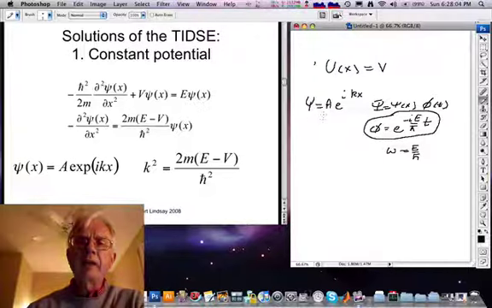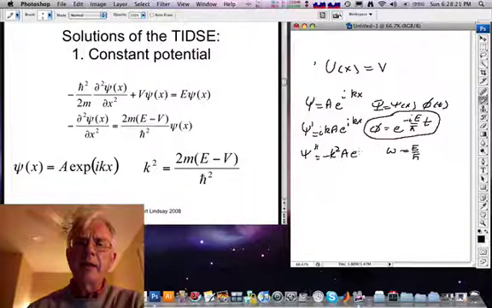So returning then to this trial exponential solution, the first derivative is just ik A e to the ikx, and the second spatial derivative is just minus k squared A e to the ikx, which is just equal to minus k squared psi.